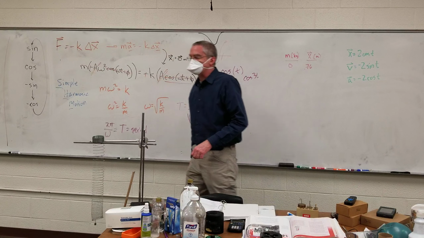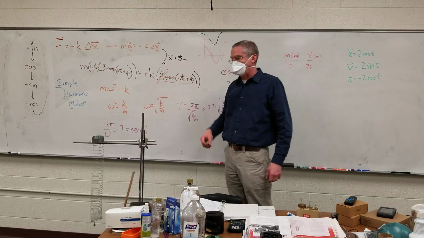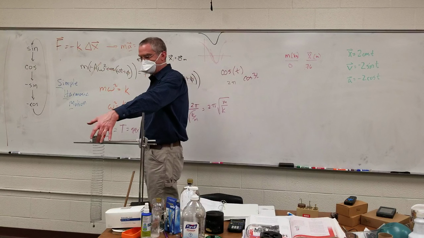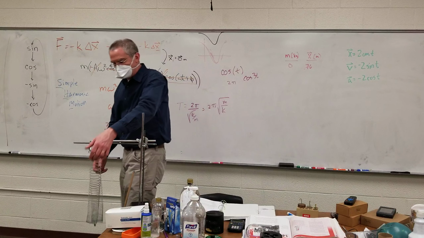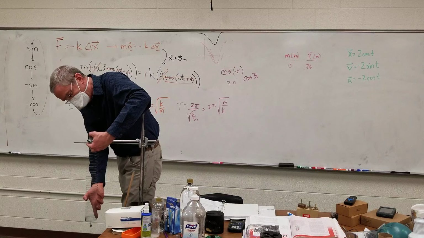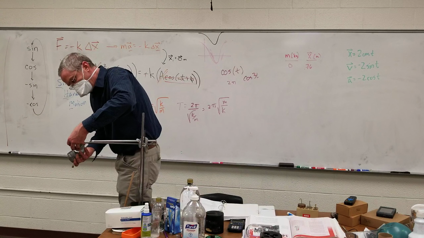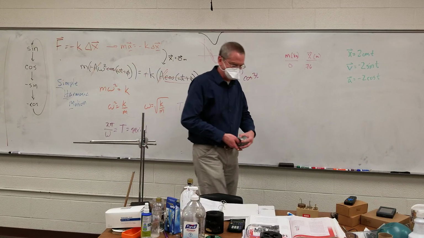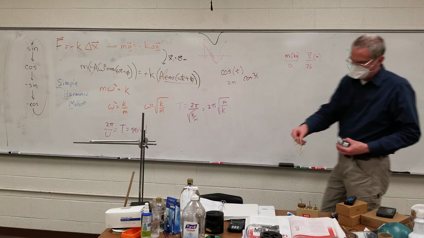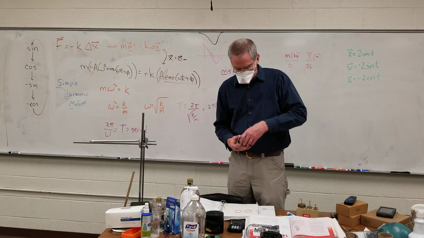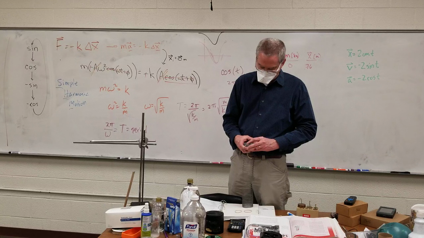Now, I was doing this experiment. If that thing falls off, then I would have to start over because I would need to know the exact number of coils up here. If I added more coils, I'd have a different spring constant. So what I'm going to do to offset at least some of that, I'm going to grab a rubber band or two, and attach the rubber band to this part right here so that it'd be easier to set back up.